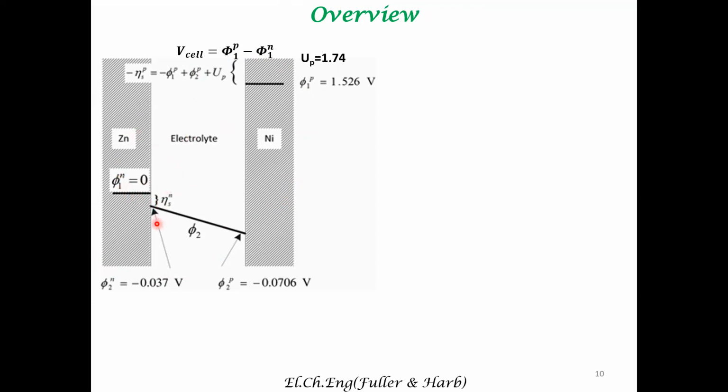But there were 3 unknowns. This was an unknown, the potential drop at the electrolyte was an unknown, and the overpotential at this electrode was also an unknown. We had utilized 3 equations: the Butler-Volmer equation at the zinc electrode, wherein there is one unknown quantity, this unknown quantity.